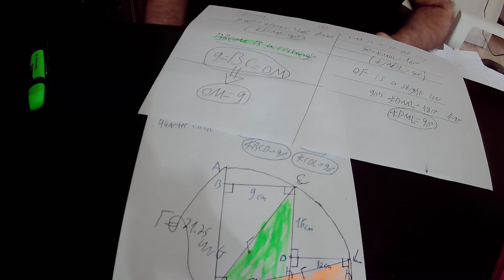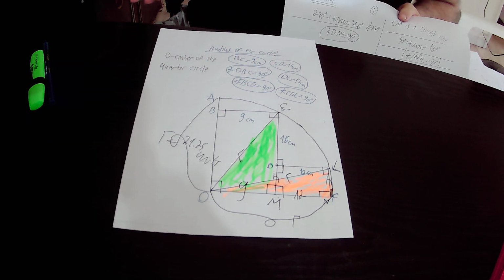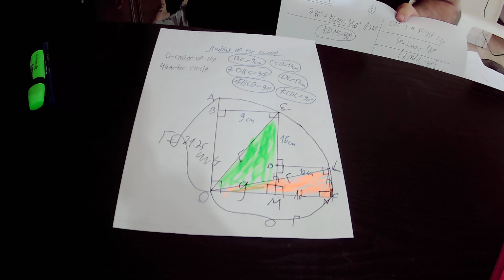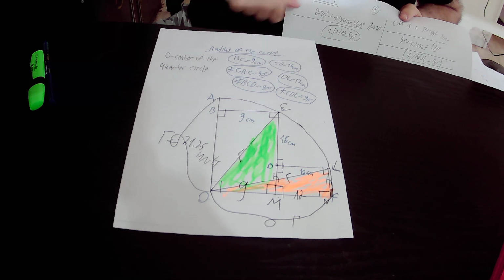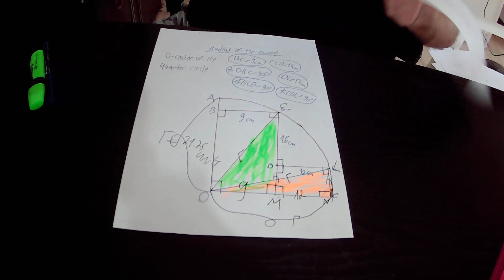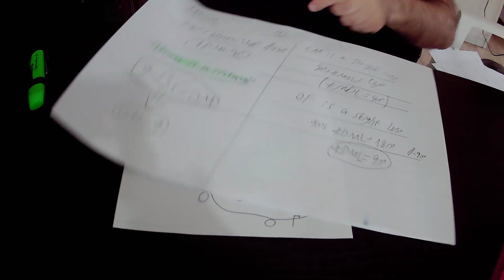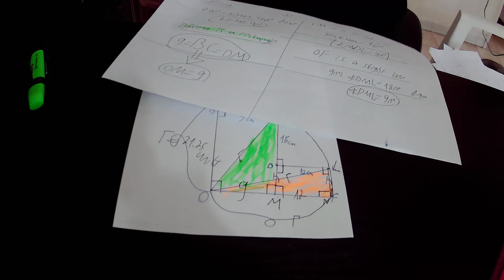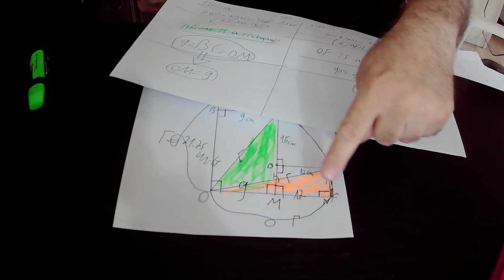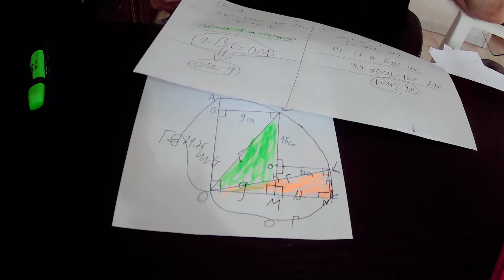Okay, and OF is the radius of the quarter circle that is equal to R, therefore it is absolutely a straight line. If we focus on the upper side of the straight line OF at point M, the sum of the angles must be equal to 180 degrees.